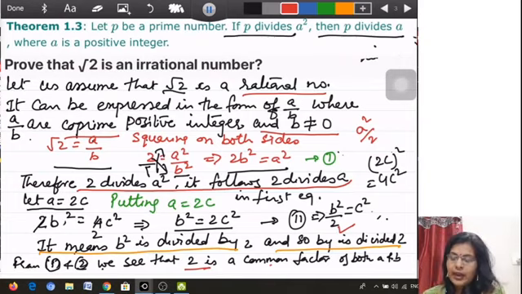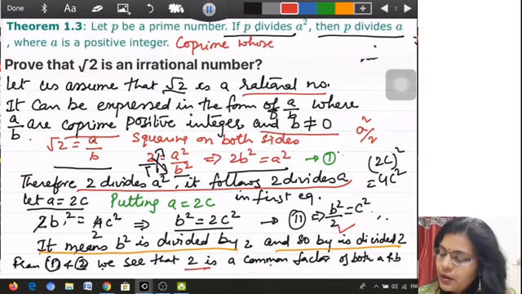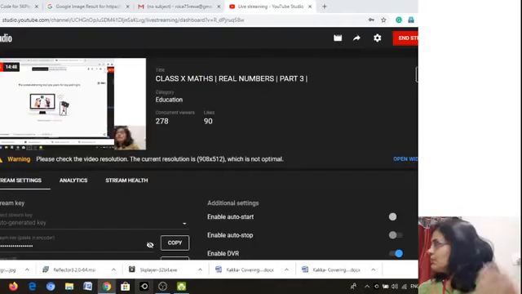This contradicts the definition, that a and b are co-prime positive integers. Co-prime means whose common factor is 1, or HCF is 1.